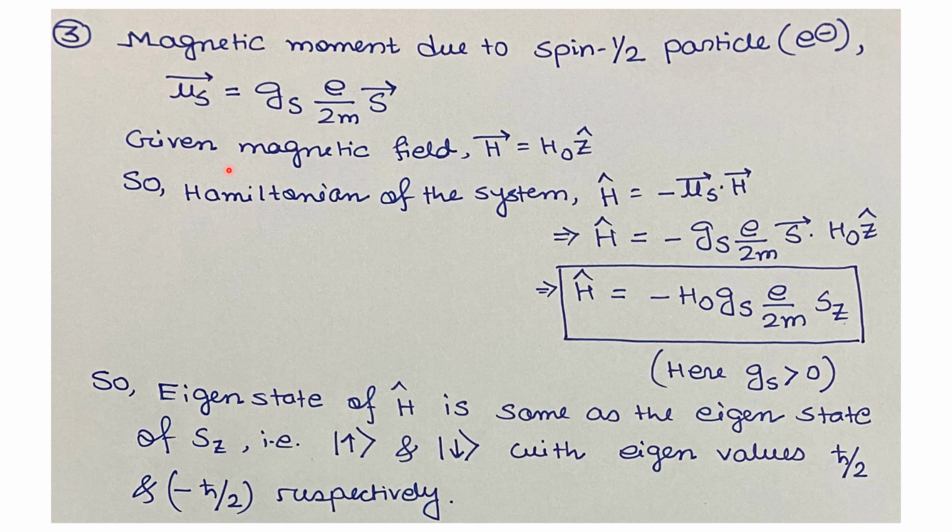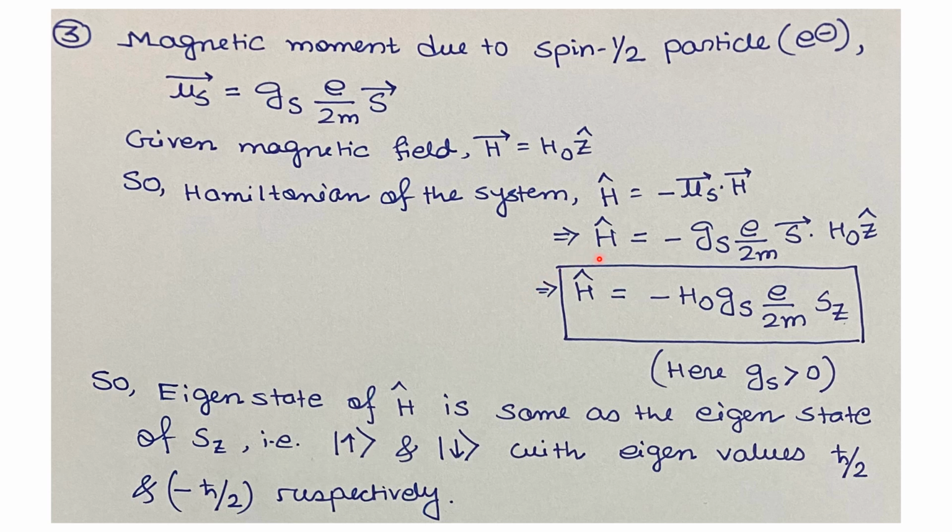Now it is given in the question that the magnetic field is H vector equals H naught z cap, so along the z cap direction. Now the Hamiltonian of the system is defined by minus mu dot H. So that is the energy, or Hamiltonian, due to the coupling between the magnetic moment and applied magnetic field.